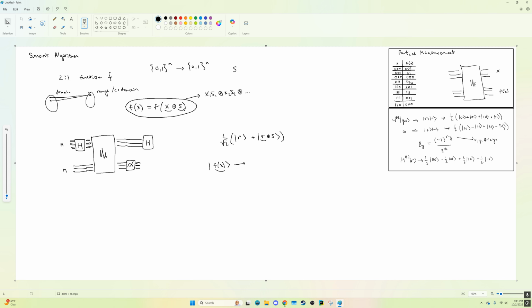And once we apply Hadamard to all the top register, what do we get? So let's make this a little smaller. Okay, so once we apply Hadamard to all the top register, remember one thing. Remember this is just a general n-bit string, n-bit qubit string, right? And actually it's a superposition between two n-bit qubit strings.